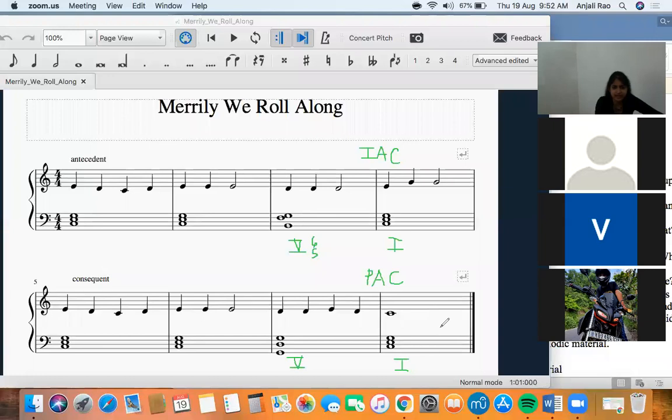Okay, and that can often be half cadence followed by an authentic cadence, or it can be imperfect authentic followed by perfect authentic. Those are the most common types of phrases that form an antecedent and consequent relationship. And then there's a word, do you remember a word that you learned way back in writing skills for when we have two phrases that have this antecedent consequent relationship?